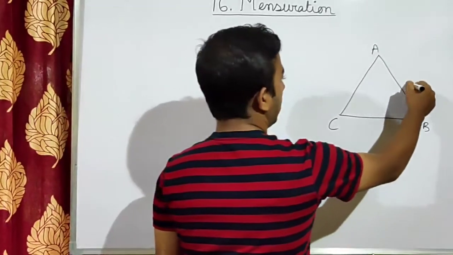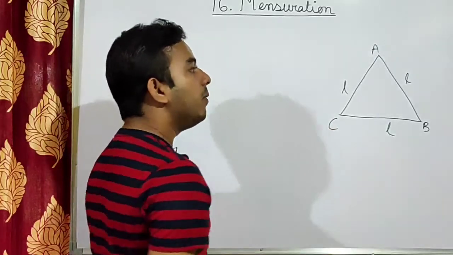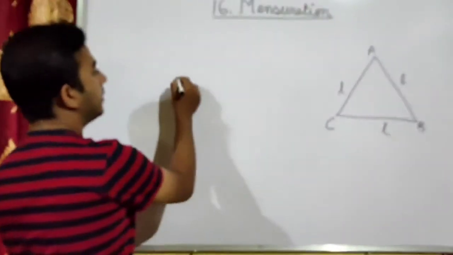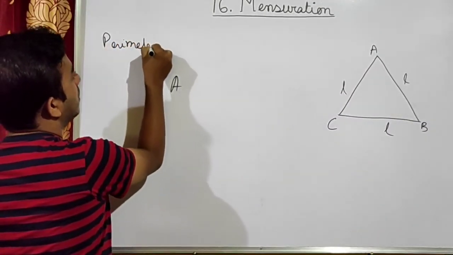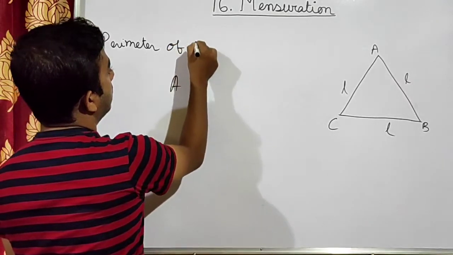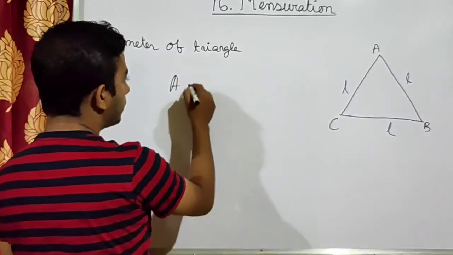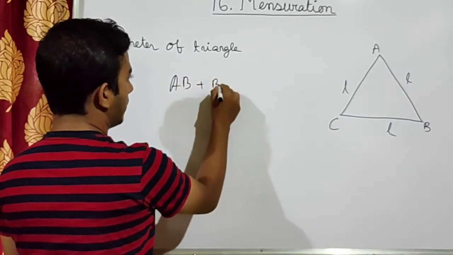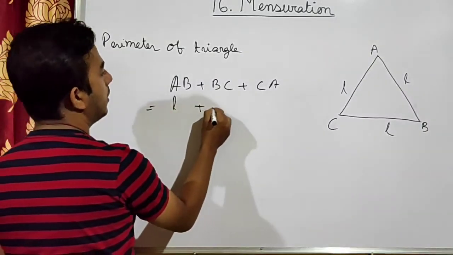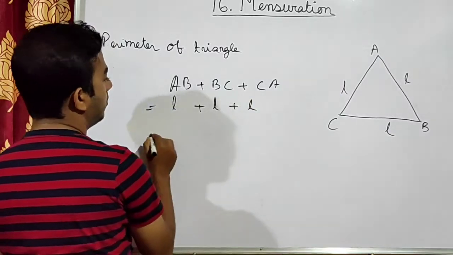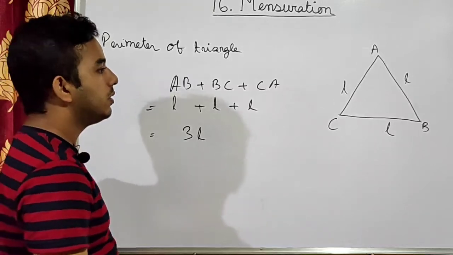So let's consider the length of the sides to be L, L, L. So the perimeter of the triangle is AB plus BC plus CA, which is L plus L plus L, that means 3L, isn't it? Very good.